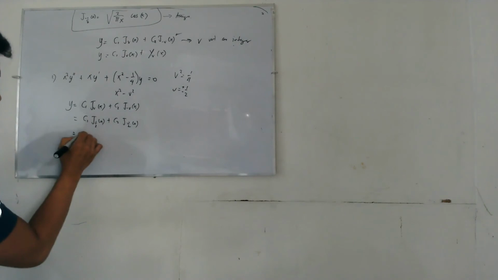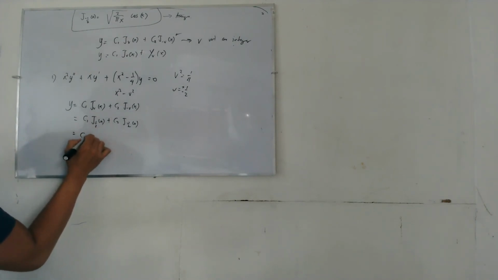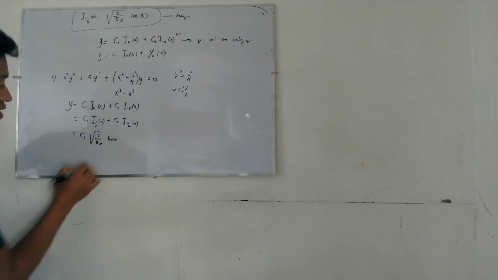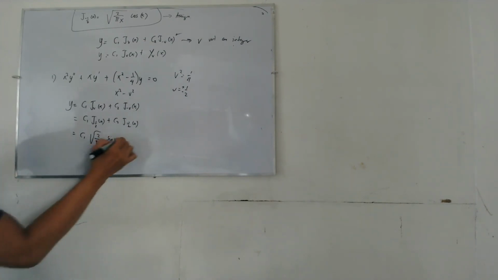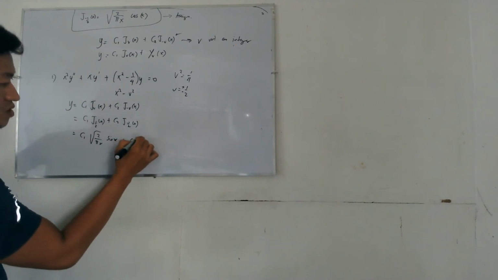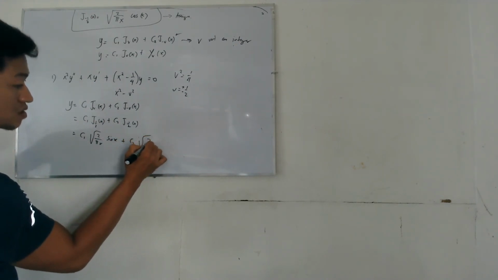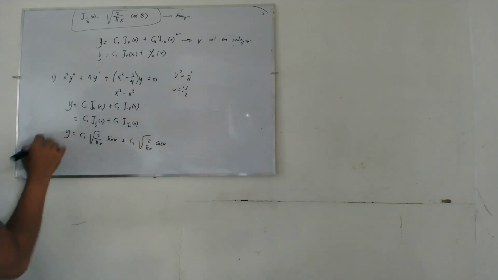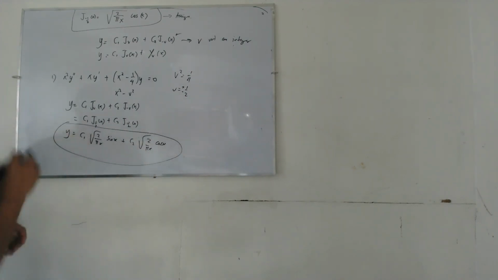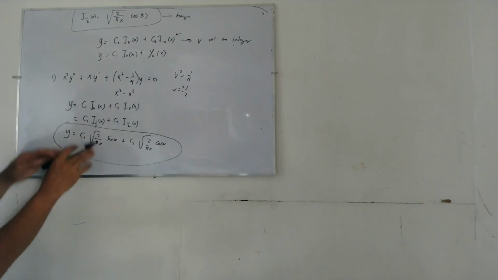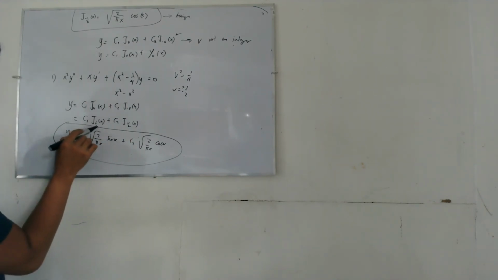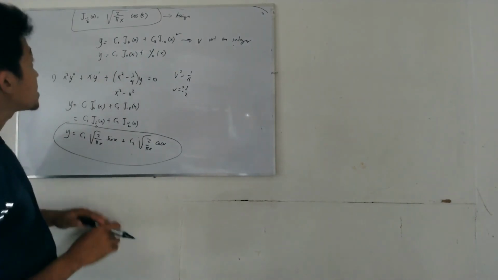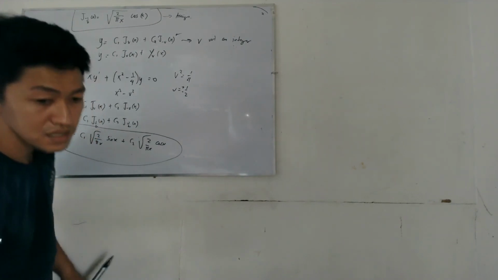We know that ang j 1/2 of x is square root of 2 over pi x sin x. Diba? Kani c2 square root of 2 over pi x cosine x. So this is now your general solution, no? So dali na ta nakakuha ani kay naka-blue na ta ani. Pero kung another value na po na medyo taas kay yung process.